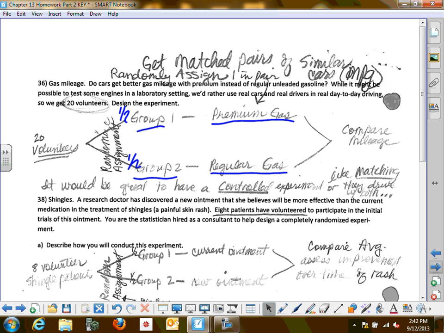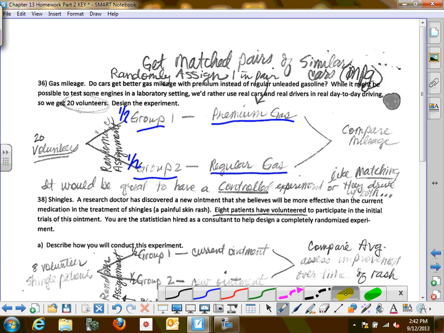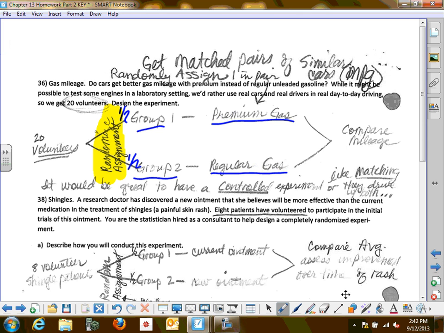Now, do you think this is called completely randomized? What I am doing is allowing random assignments to split all the qualities of the volunteers evenly. Do you think that is something that I should allow to lead to randomness? No, because I am measuring miles per gallon.